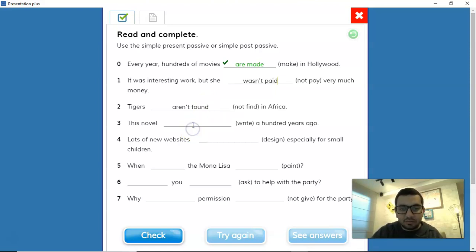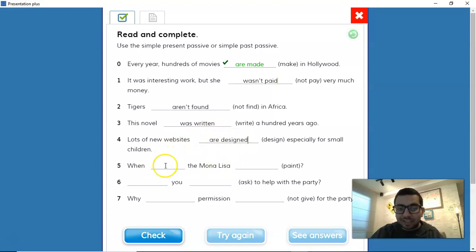This novel 100 years ago, in the past, so this novel was written 100 years ago. Lots of new websites, especially for small children. Maybe in the present, there is no clue about the past, so lots of websites are designed especially for small children.